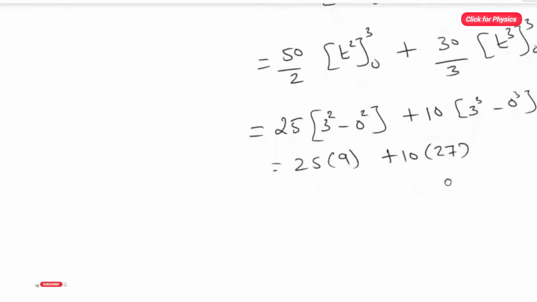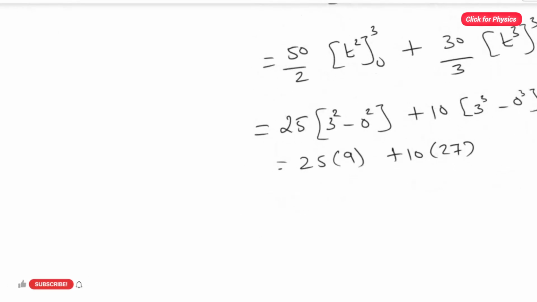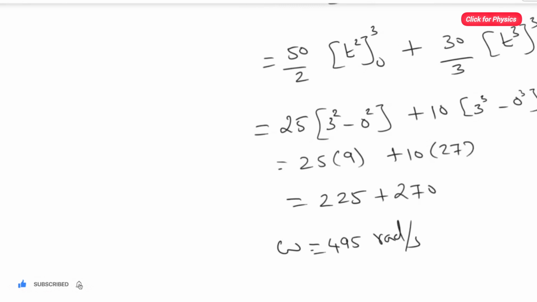Here 25 multiplied by 9, I got 225, and 10 multiplied by 27 is 270. So 270 plus 225, I got the answer as omega equal to 495 rad per second. This is the answer for the second part.